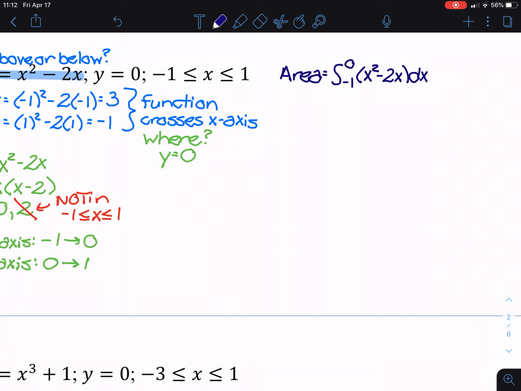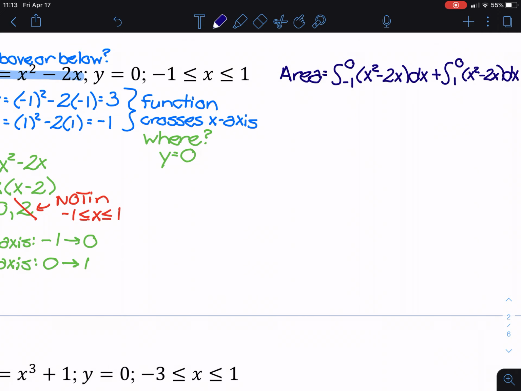I'm going to take the negative, so I'm going to change this to a plus, and I'm going to reverse my limits of integration. So the integral from 1 to 0 of x squared minus 2x dx, like that.